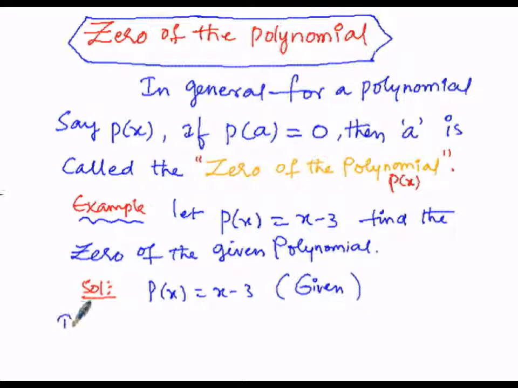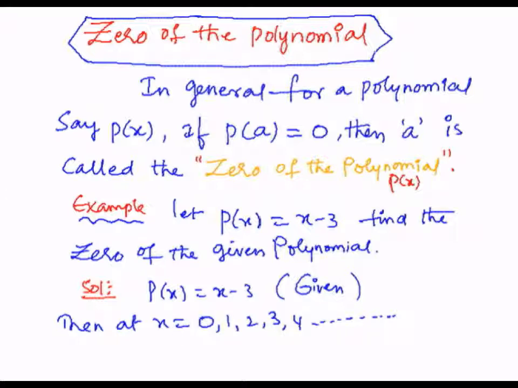Then let us substitute values first of all, let us take some values such as 0, 1, 2, 3, 4 and so on, and let us substitute one after the other. In case we get the value of p of that particular value as 0, then the value which we have substituted instead of x will be called the 0 of the polynomial.